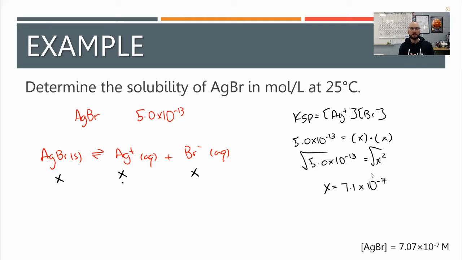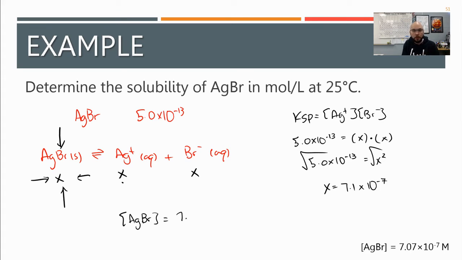So the question asks to determine the solubility. The solubility is the X represented right here, okay? But we want to make sure that we communicate that and write our answer in a way that we know. So we're going to enclose the compound that we're talking about in square brackets. So we're going to say the concentration of that dissolves, its molar solubility, is equal to X. But we can't just say that.